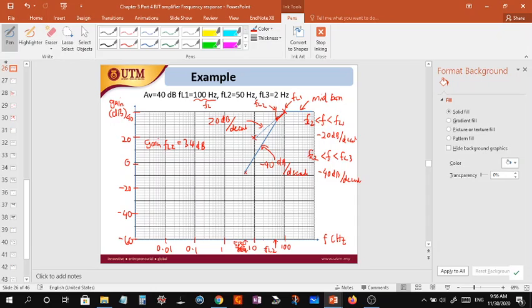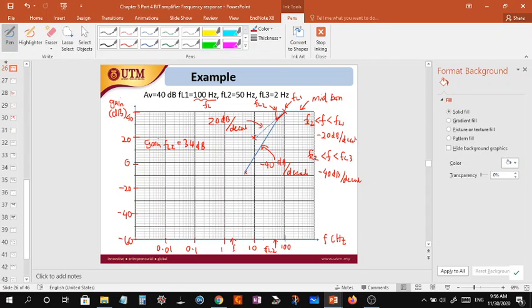Okay. So this line is not reaching our last FL3. FL3 is at 2 Hz. Okay.